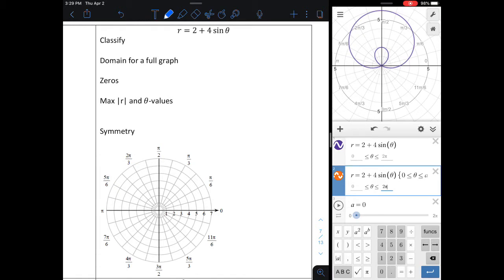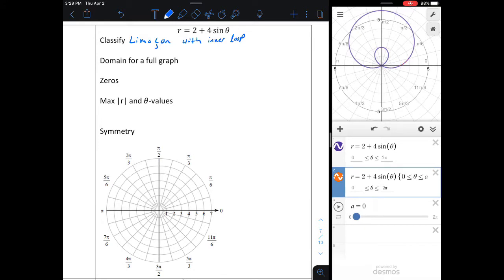Now, this curve itself is a type of limaçon curve, and it's a limaçon curve with an inner loop. And we try to figure out, well, what is the domain for the full graph?